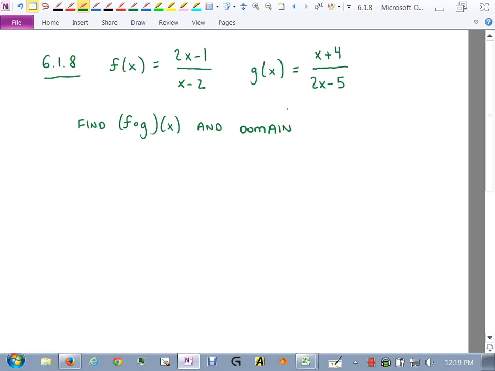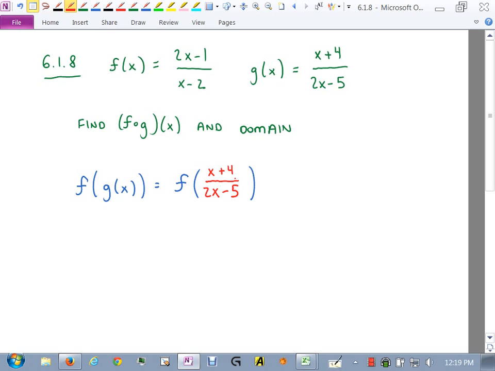Functions are starting to look a little more complicated, aren't they? All right, so let's write this down. We have f, and inside of that goes g, which means we're going to have f, and inside of that goes g, which is x plus 4 over 2x minus 5.